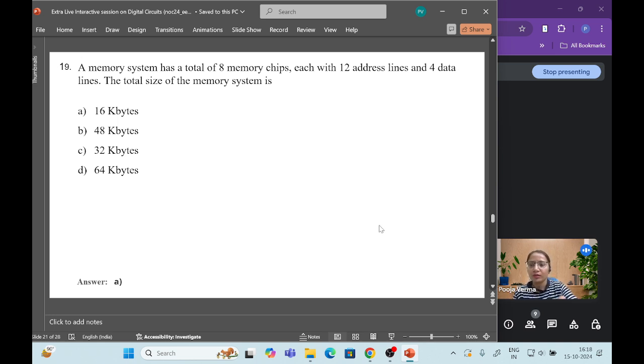Okay, so moving to the next question. A memory system has a total of 8 memory chips, each with 12 address lines and 4 data lines. What will be the total size of the memory system?